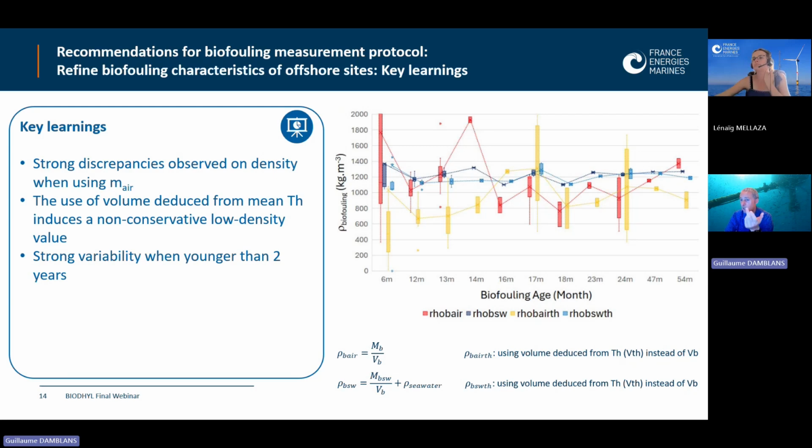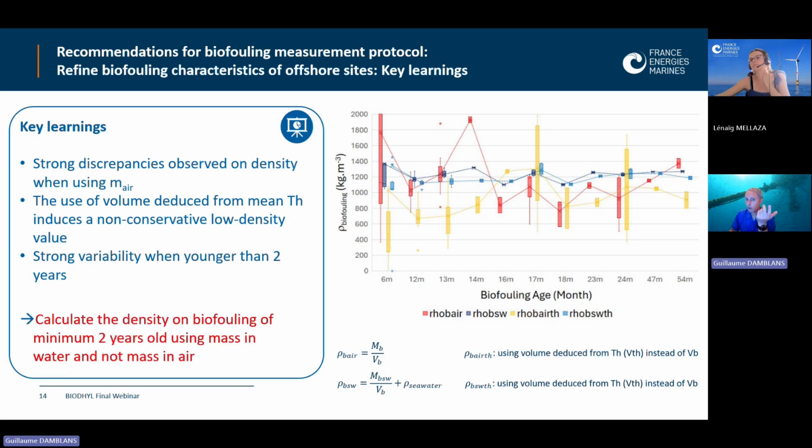So by the end, we strongly recommend using only the mass in water measurements to deduce a density, and ideally also associating the displaced volume, which is significantly more representative than volume deduced from thickness, if it's available.